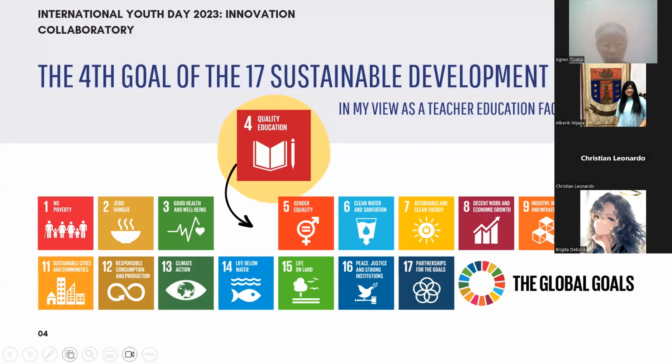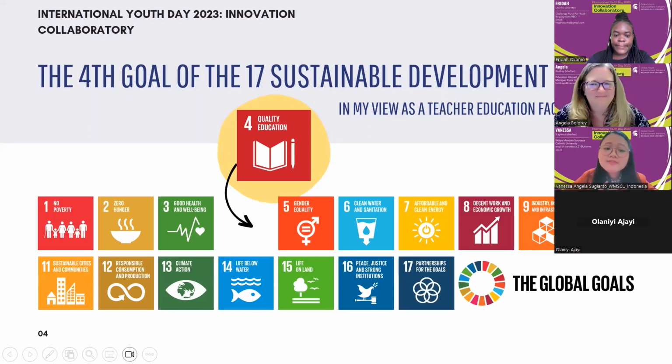And as a student in a teacher education faculty, I put my attention to the 4th goal of these Sustainable Development Goals, which is quality education. In my opinion, education is very important because without education, we can't fulfill or accomplish another goals that are already here.